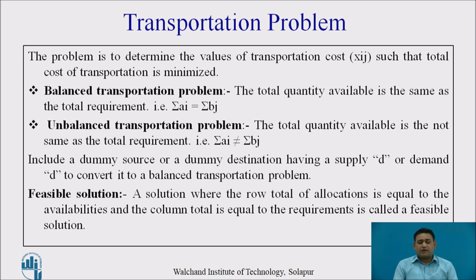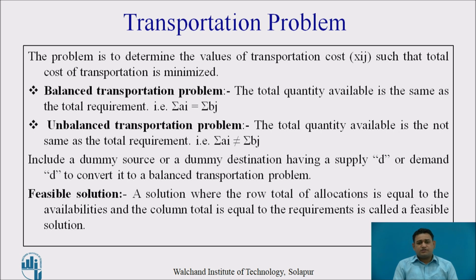An unbalanced transportation problem is when the demand is not equal to the supply, or the availability is not equal to the requirement. In such a condition, we have to go for a further step. When the problem is unbalanced, we have to add dummy rows or columns as per the requirement.